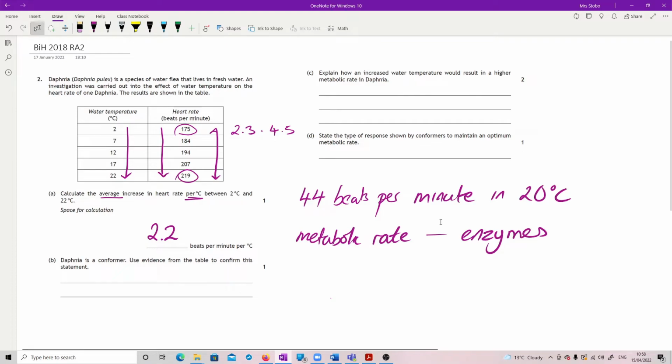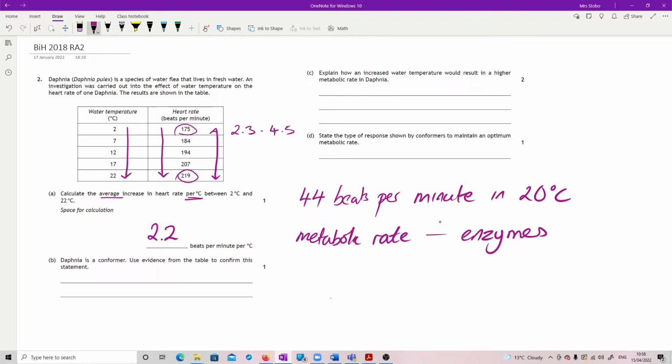It's worth 2 marks, so we're going to have to say something about the enzymes and then why that does something, because it's explain. So if you said increasing water temperature means you've got a faster rate of enzyme action, or maybe you could say it's getting closer to optimum for the enzymes, and therefore you would have an increased metabolic rate for all things which are controlled by enzymes. Okay, the therefore is important.